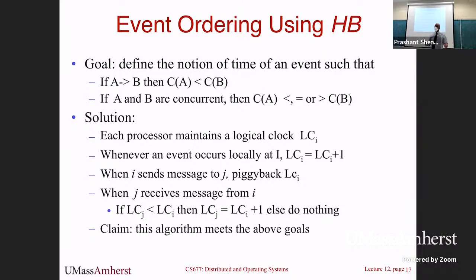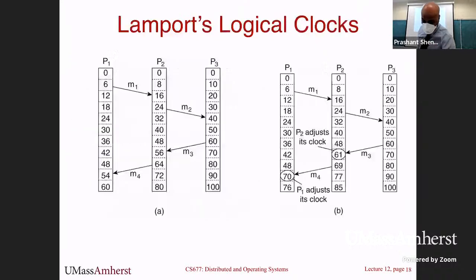Okay? So we will now look at an extension of Lamport's or logical clocks, which are called vector clocks. Just to keep in mind, the technique I talked about here is referred to either as logical clocks or as Lamport's clock, based on Leslie Lamport, who originally proposed them. Okay, so you will hear both of these terms; they mean the same thing.